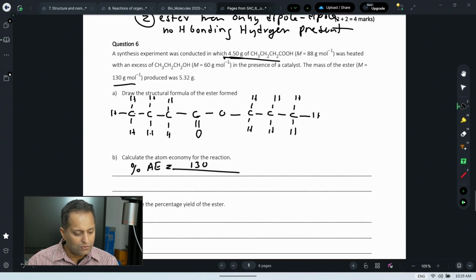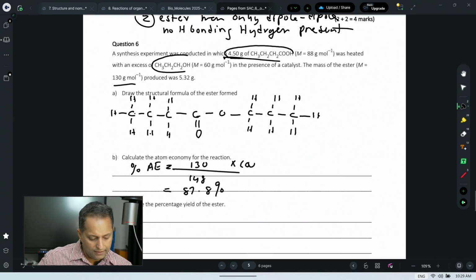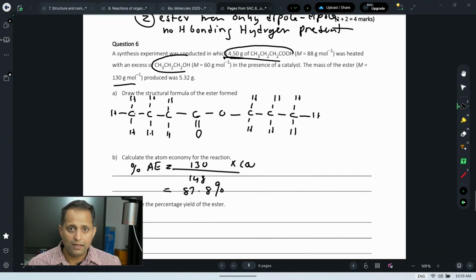We need to add those together, because it's a 1-to-1 reaction. You add the molar masses of those two together, which is 148. So 130 over 148 times 100 will give you 87.8%. Simple atom economy.